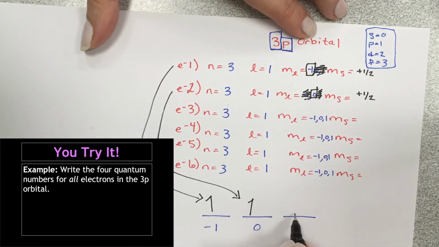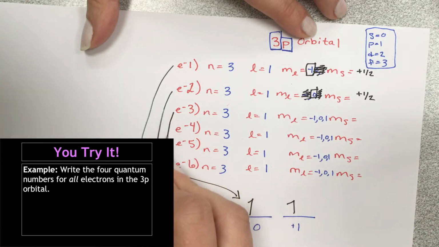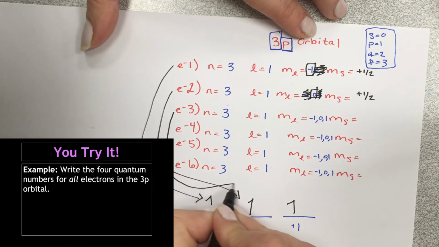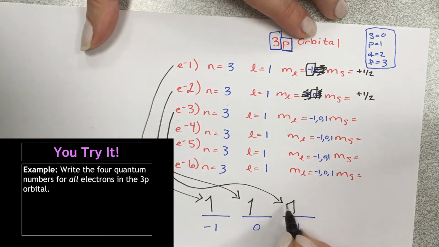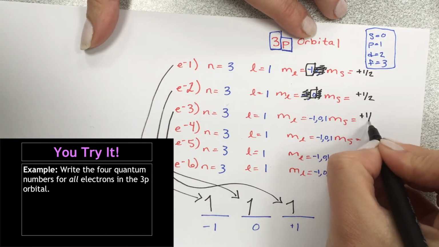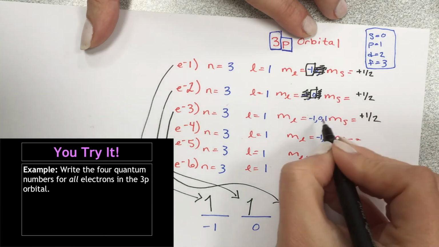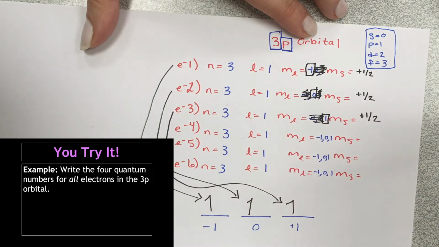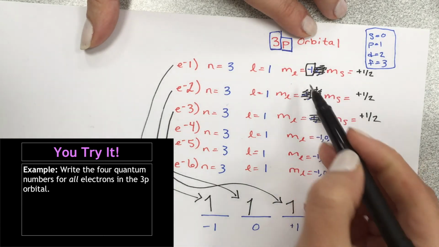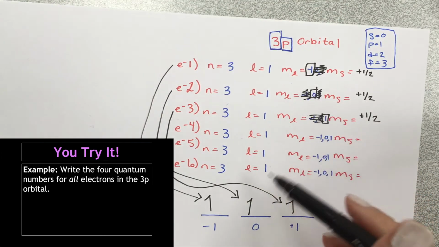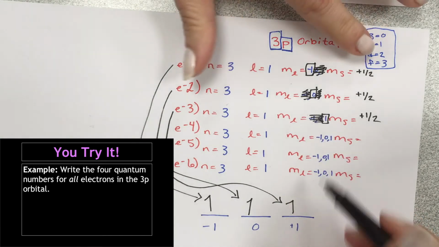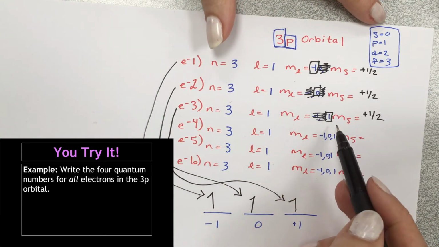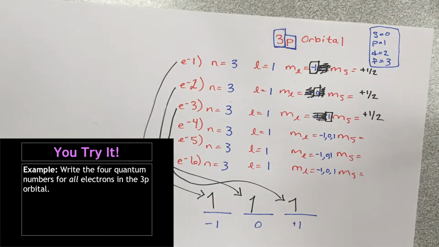Next one, the third one, here, okay? It's spinning up in the +1 orientation. So these 2 are out, and this one is in, okay? You'll see a trend, and once you do these a lot, you might just know, okay, -1, 0, +1, -1, 0, +1. But just in case, for now, I'm just trying to show you the raw process.